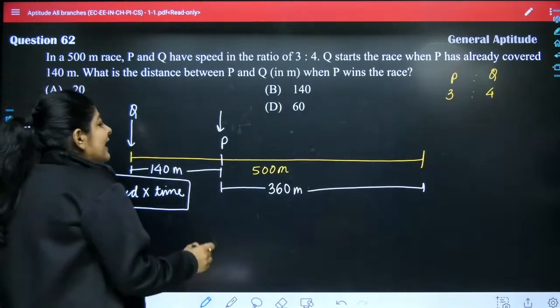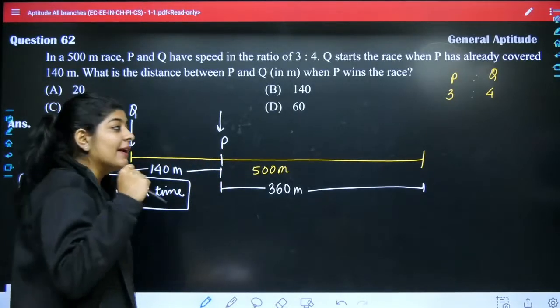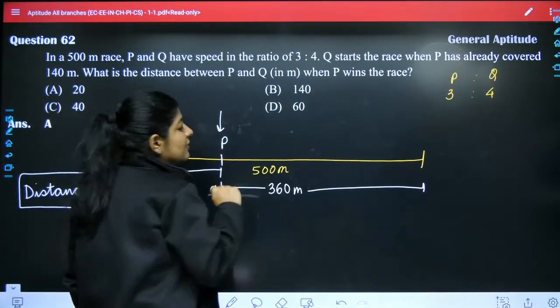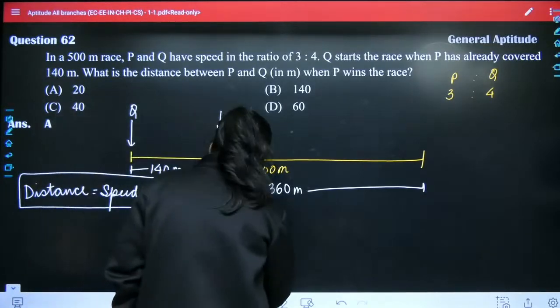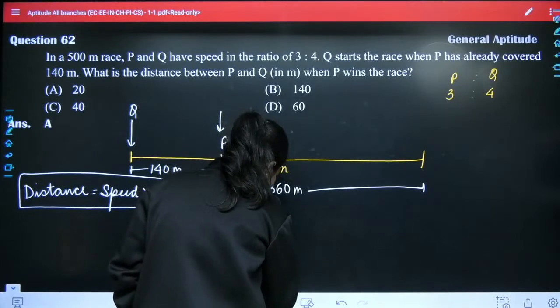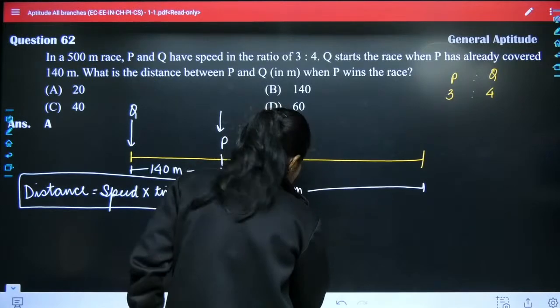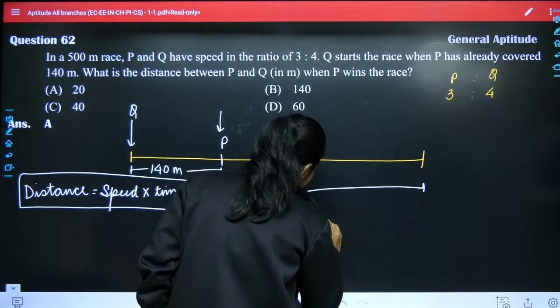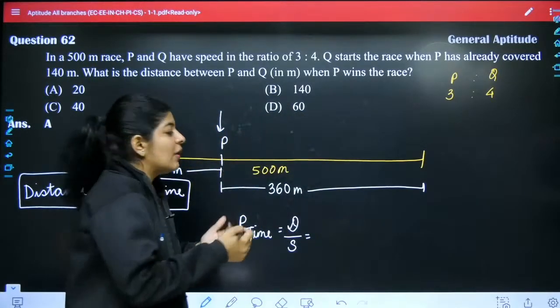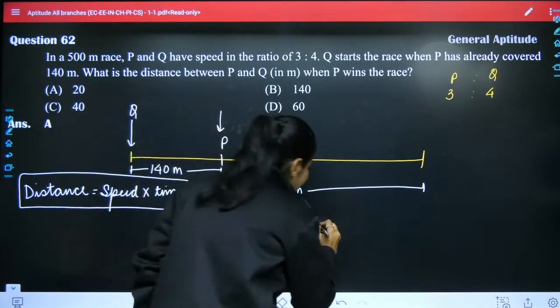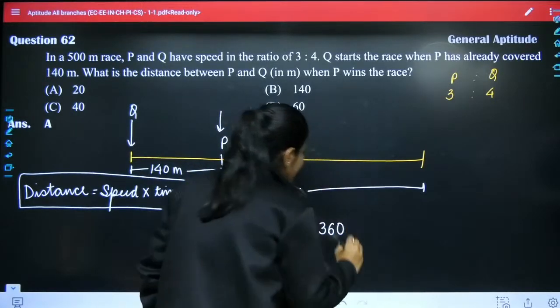So if we calculate the time in which P covers these 360 meters, the time is nothing but distance upon speed. The distance that P needs to cover is equal to 360.